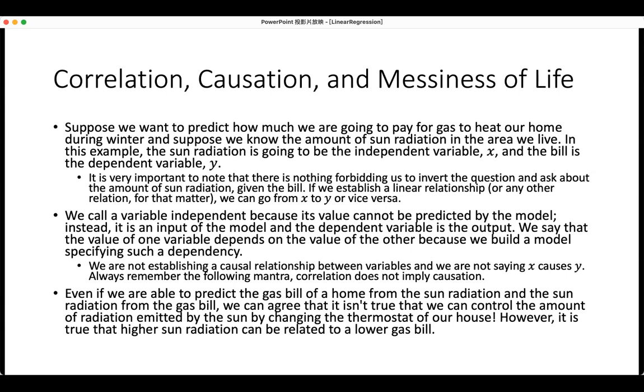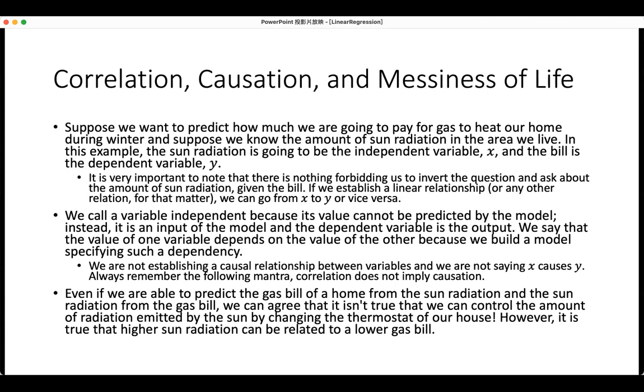You can predict the sun radiation by using the gas bill, because it is a simple linear relationship. Mathematically speaking, you can do it the opposite way, from Y to X.